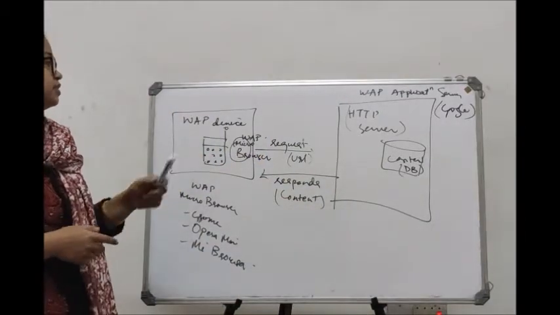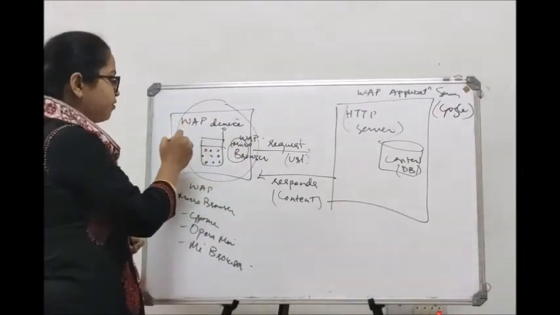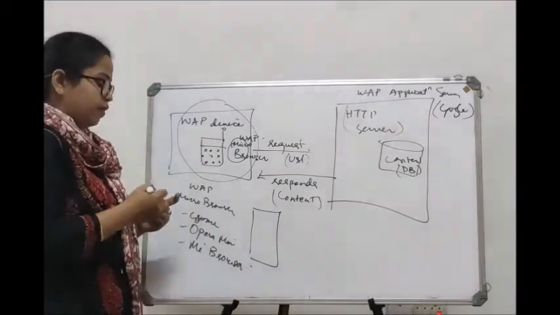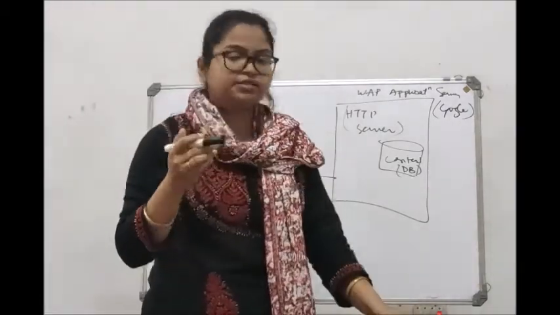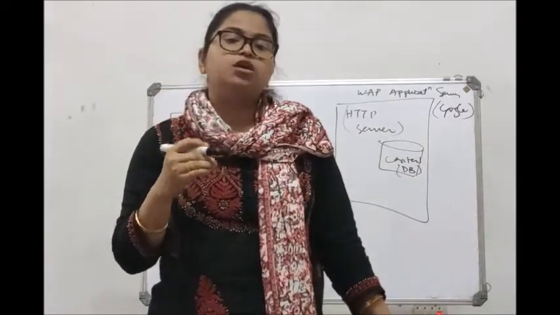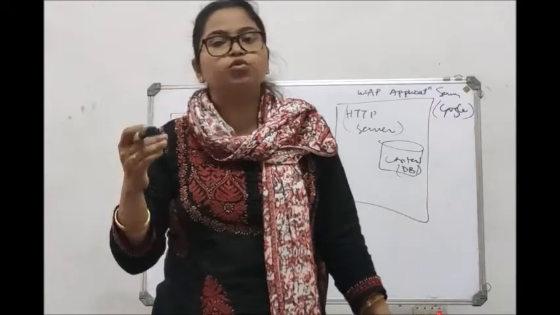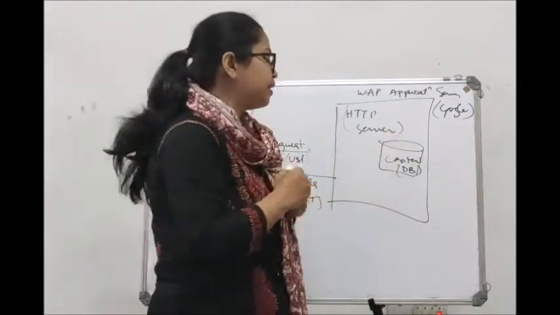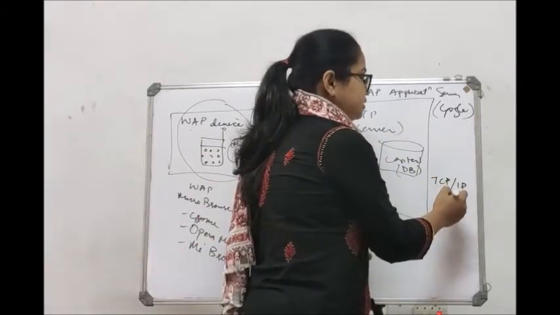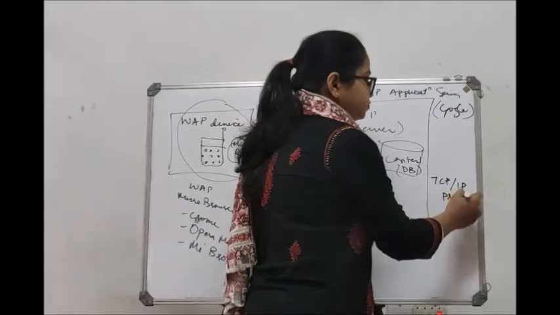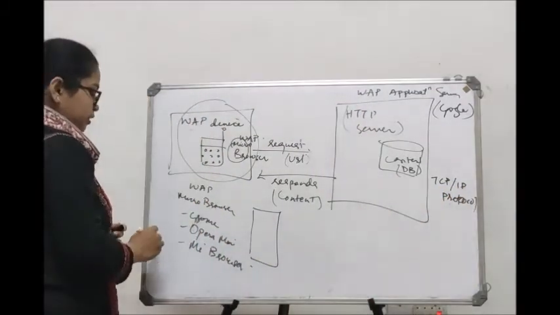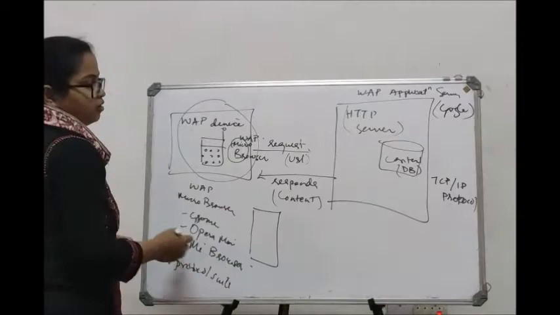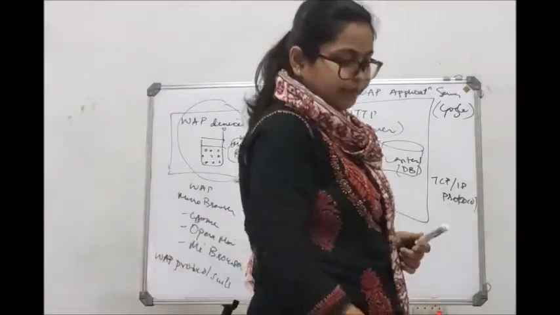Just that the difference is here we have a WAP device, and the WAP device acts conforming to the WAP protocol suite. How do WAP devices work? WAP devices work as per the WAP protocol suite. Their protocol layer has a set of rules, and according to those rules WAP devices connect with each other. How does the internet connect? It follows the TCP/IP protocol suite. And what do WAP devices follow? They follow the WAP protocol suite. I hope you got the idea about the WAP architecture.